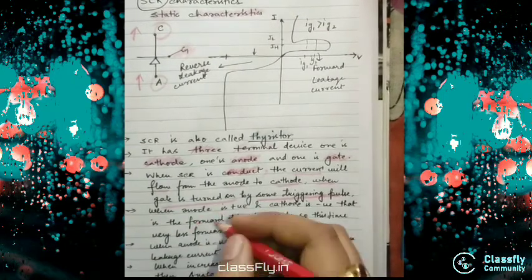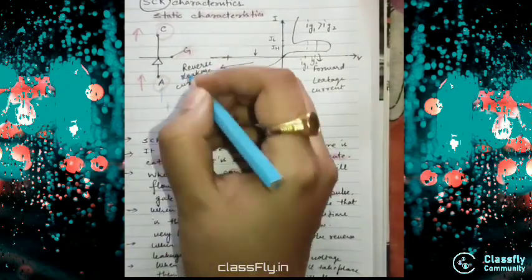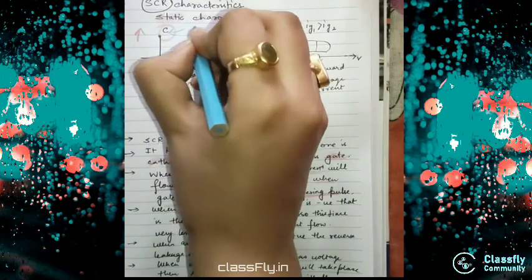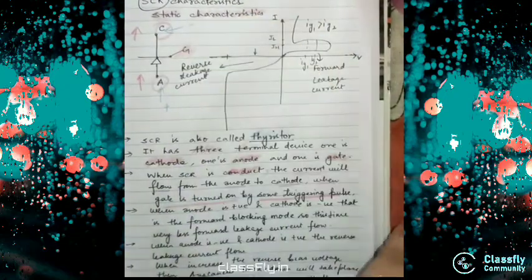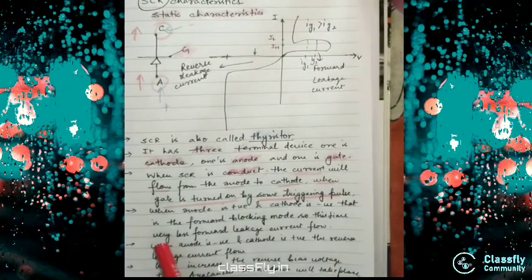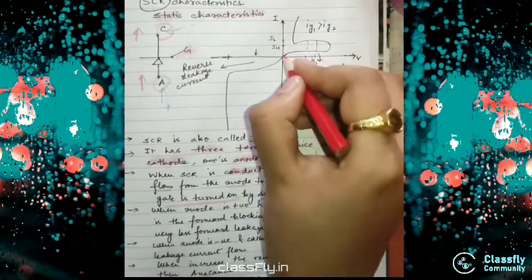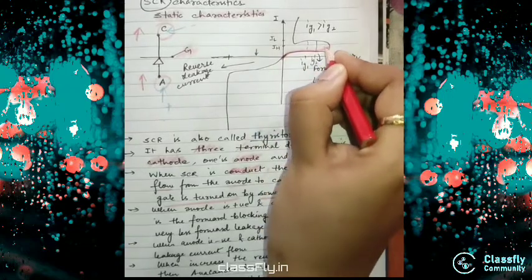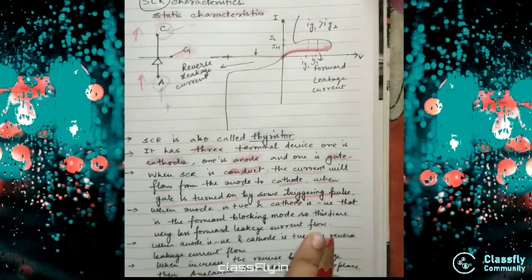Now see, when anode is positive, that means this anode will be positive and this cathode will be negative. That means here forward blocking mode is happening, or you can say forward biasing is happening. Due to this, from this origin to this portion the forward leakage current will flow.